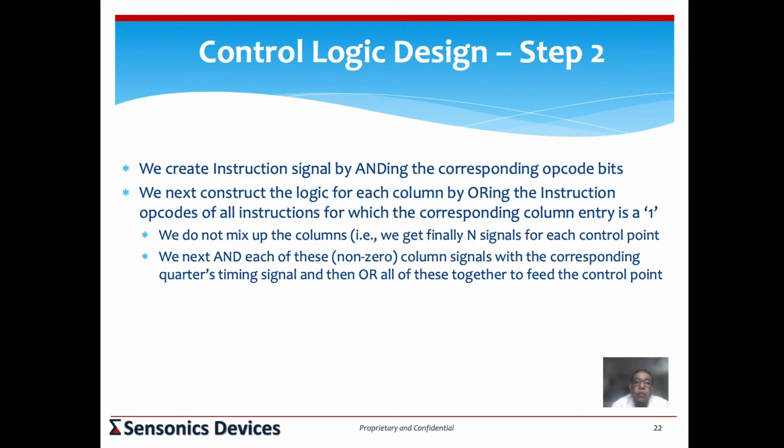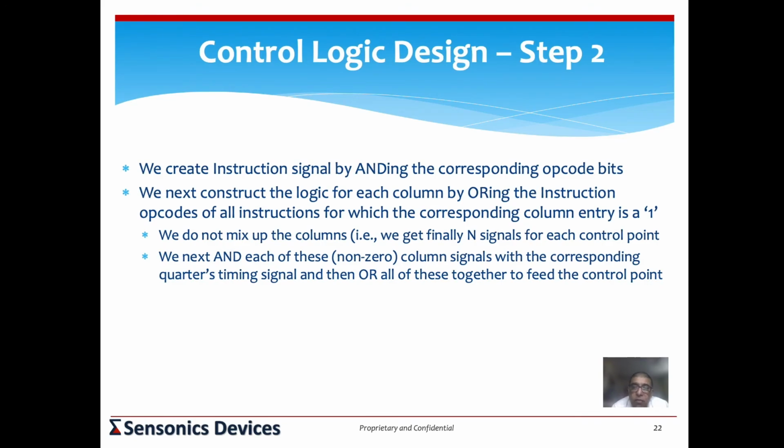That is, we will finally get n signals for each control point, where n is the number of quarters that we are addressing. In our case, there will be 14 signals for each control point at this time. Now, these we will AND for all the non-zero entries. And once we AND these non-zero entries, this will become the signal for a single control point. And that will feed the control point.